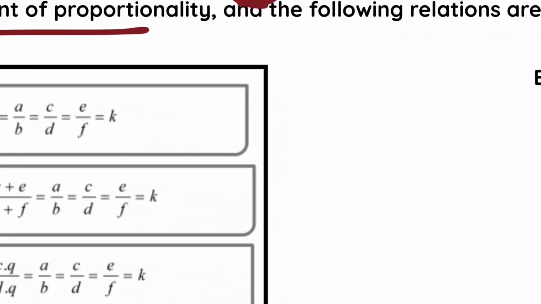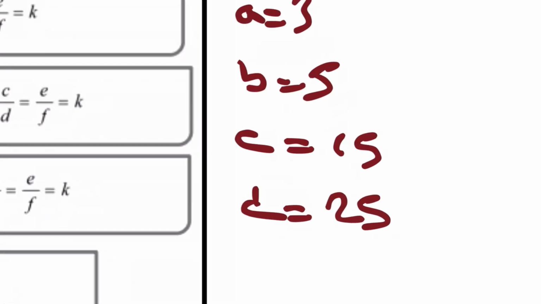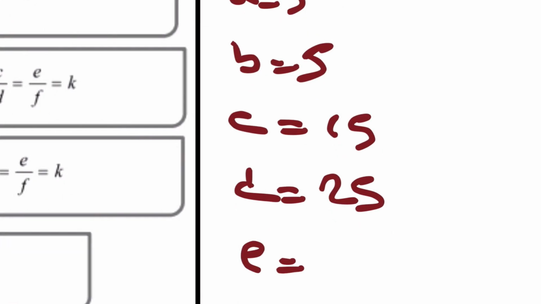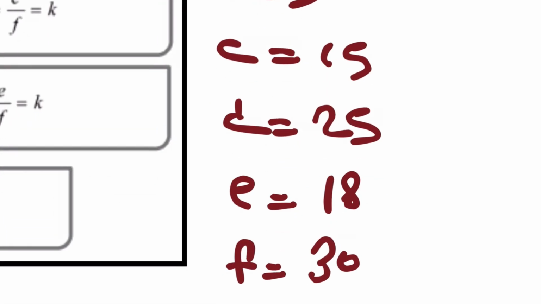So for example, for A, I will have 3. For B, I will have 5. For C, for example, I'm going to have 15. For D, I'm going to have 25. For E, I'm going to have 18. And for F, I will have 30. Okay?